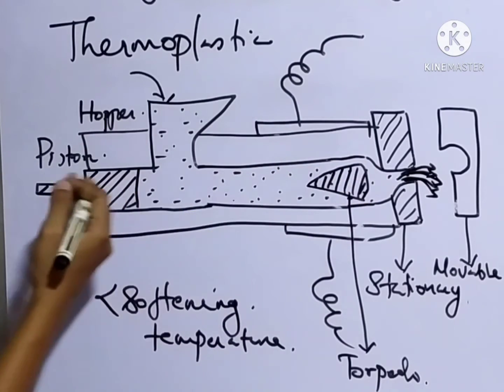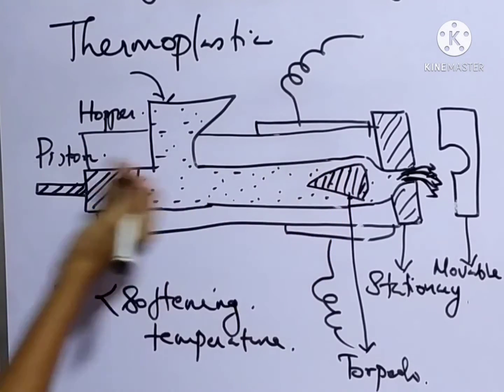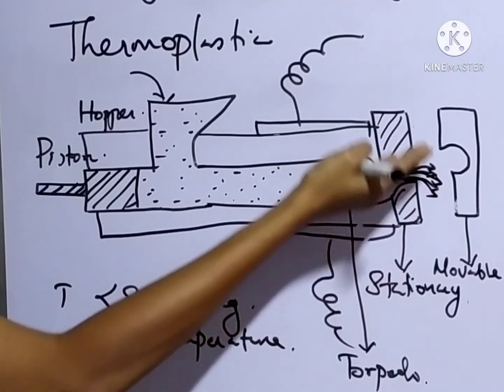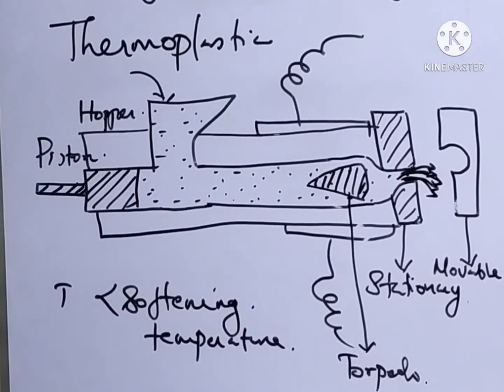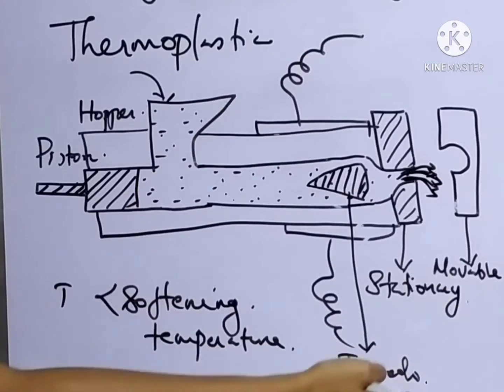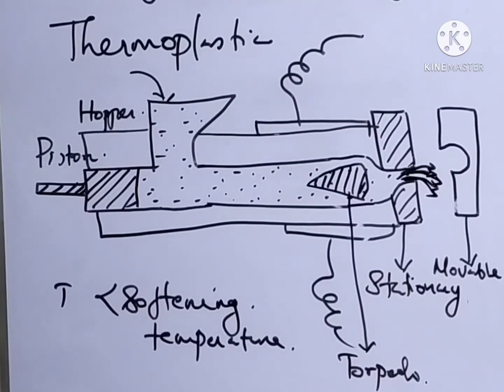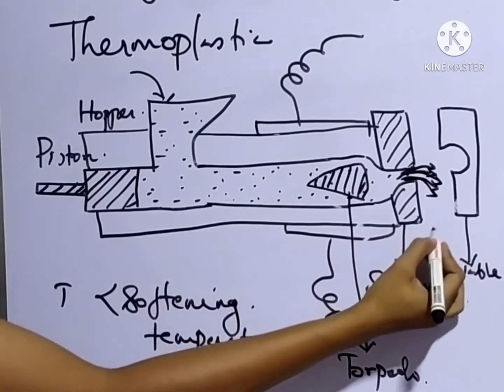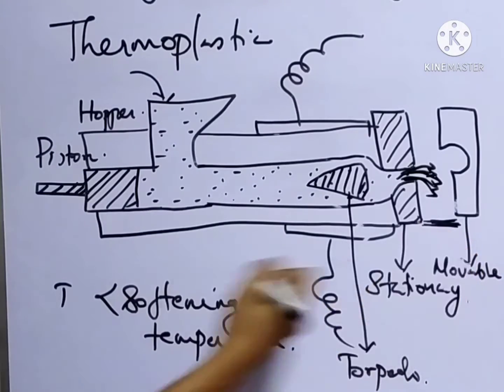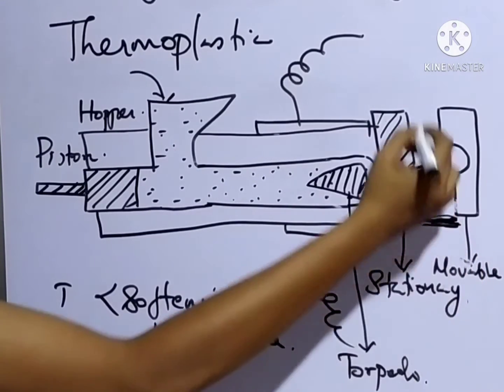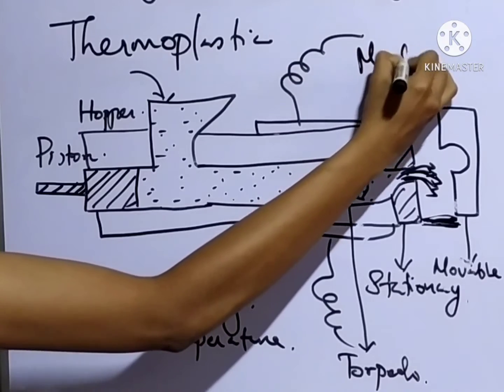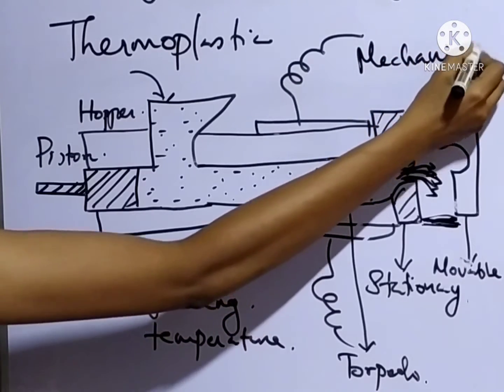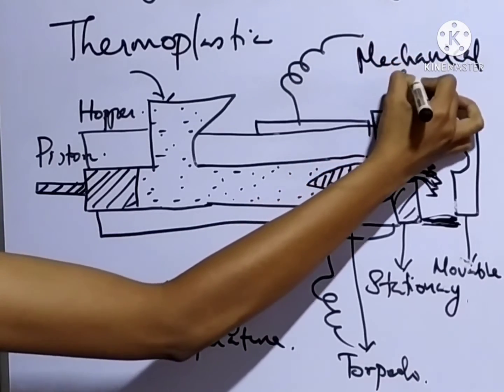The polymer that flows through the horizontal cylinder is injected into a vertical mold. So there is a possibility that this polymer may flow out from the mold, and that is prevented by mechanical locking.